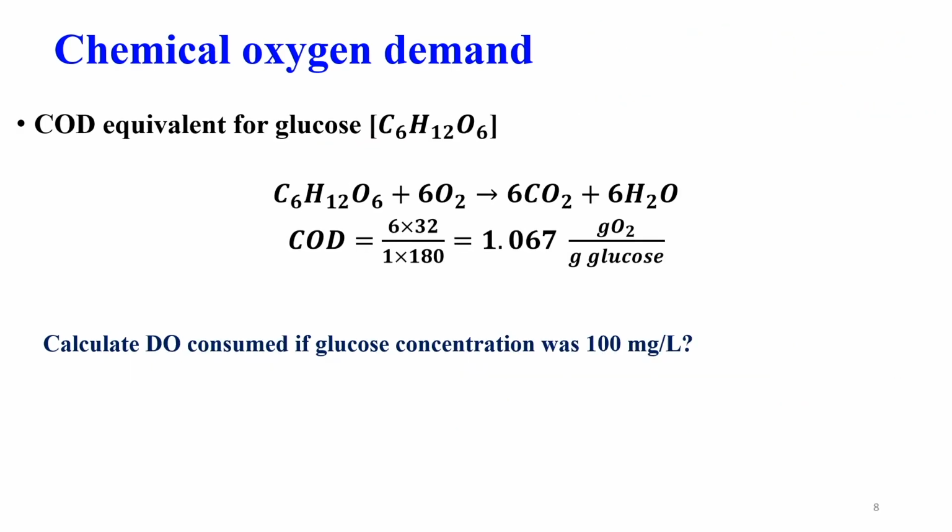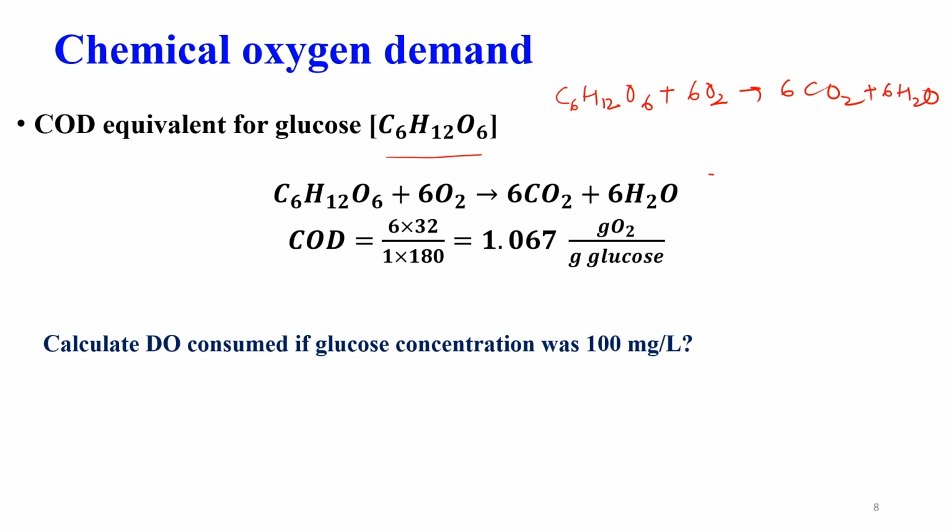We will quickly do one more similar exercise, where it says: can you calculate the COD equivalent for glucose? What will your first step be? You have to write the oxidation equation. For glucose, C6H12O6 plus 6O2 converts to 6CO2 plus 6H2O.